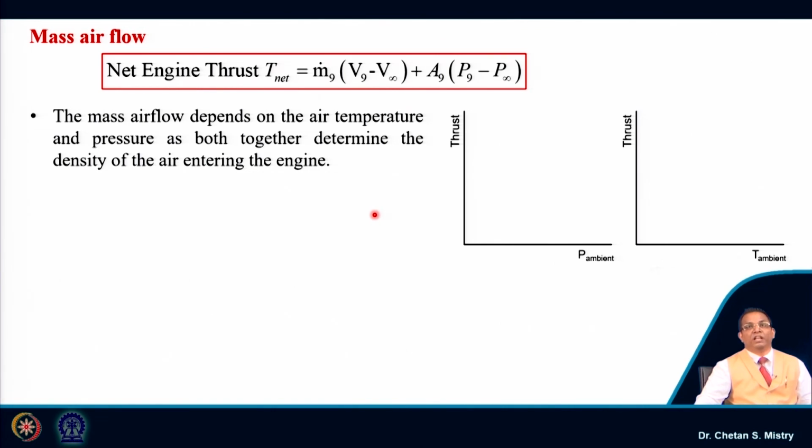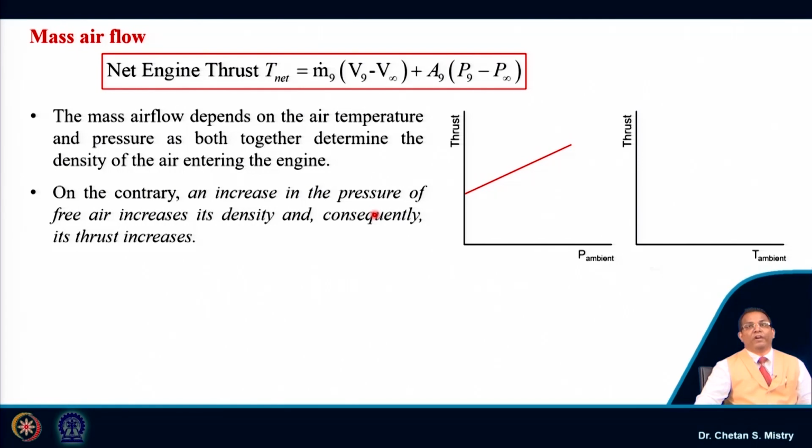If we consider variation of pressure, increasing the pressure raises my thrust. When we move toward higher altitude, my pressure goes lower and lower, and that lowers my thrust generation capacity.